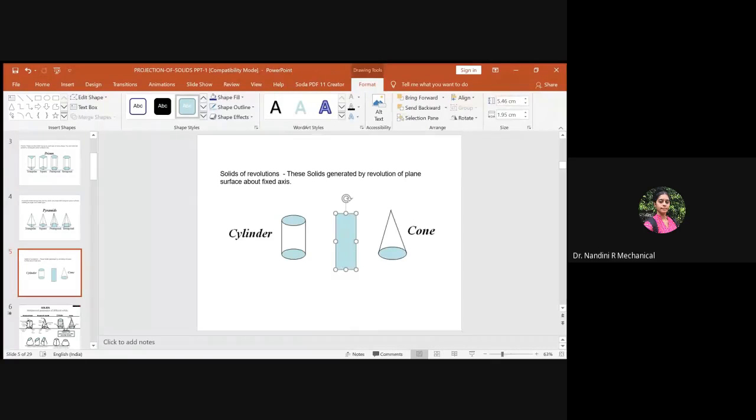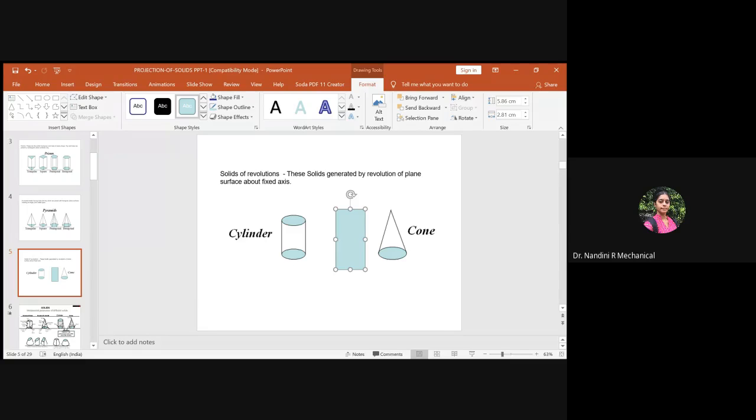If you make this rectangular lamina rotate 360 degrees around, then it traces a circular path. So initially you have the rectangular lamina and you rotate it 360 degrees. Then it traces out a cylindrical curvature. So this results in forming our object called a cylinder.